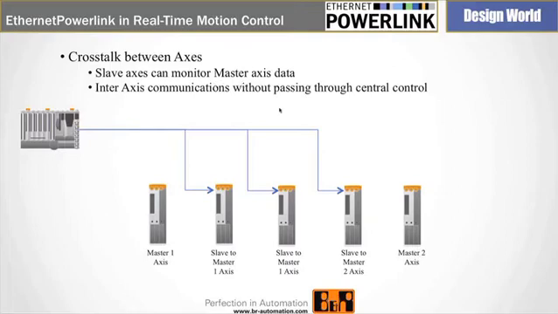So, for example, if a master is transmitting axis position, or it's transmitting speed information, velocity information, current information, back in a cyclic frame back to the master node, the slaves to that particular device can be listening and take that information, and then they can synchronize to that data. So they don't actually have to be transmitting data at the same rate as the master. The master could be transmitting data at a higher speed, and the slaves then could be listening, and then they could synchronize themselves to that master node.